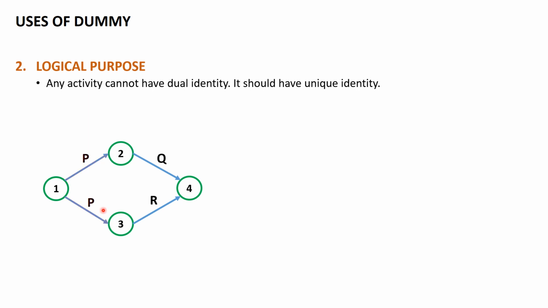So this is not the correct representation because we have two activities with a common name. This type of representation is not allowed in a network diagram, right? In order to avoid this, you might wonder why we can't have just one single activity P, and then split it into Q and R. Yes, we do have that option, but this is a general example I've taken to tell you that we cannot have two activities with a common name.